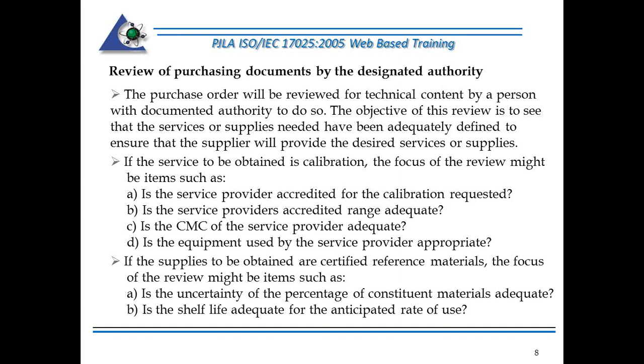Does it have a shelf life? If we buy this in one quantity, are we going to use that much before it would expire? You would try to buy in quantities such that you would hopefully use it all up just prior to the time its shelf life expired. But those kinds of considerations, depending on what is being purchased, mean the technical review is considering various and different technical issues.